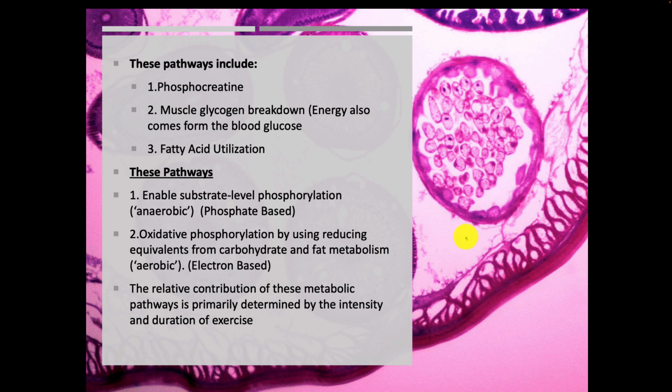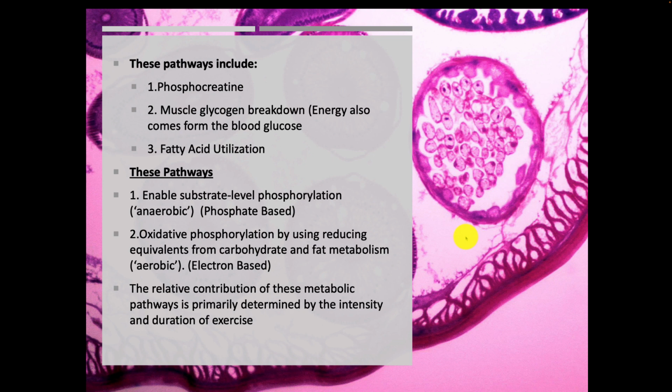There are three essential pathways that are associated with rebuilding ATP during exercise, and most textbooks will say three. I'm going to say four because when we start talking about glycolysis, there is an aerobic and an anaerobic component to this.